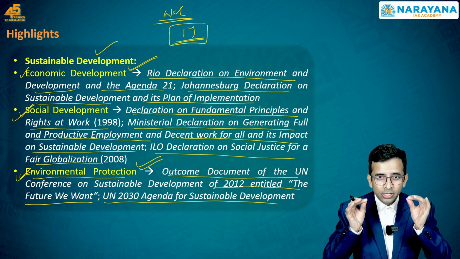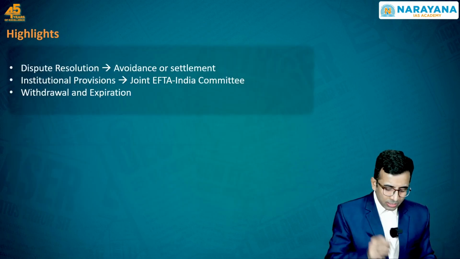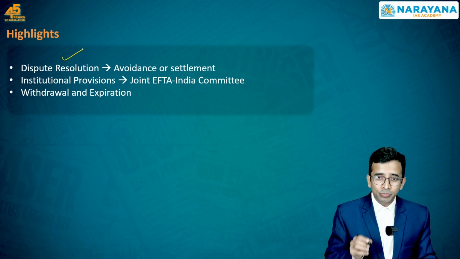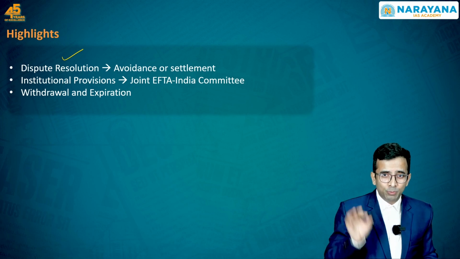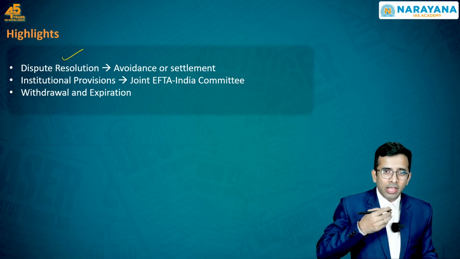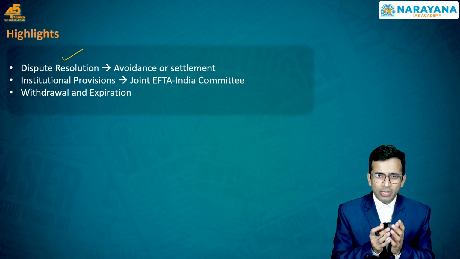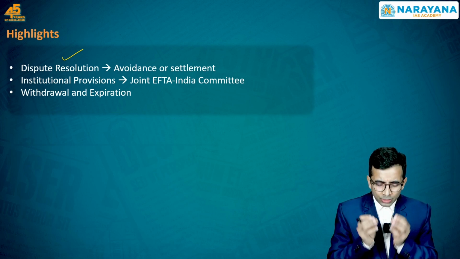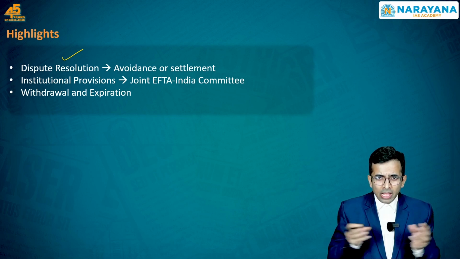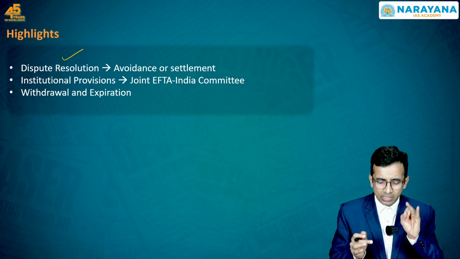Moving ahead, we also have this mechanism of dispute resolution, wherein it says that initially we have to make sure that such disputes are avoided, and even when they arise, they are settled using the joint mechanism that they have set up. As we clearly know, every agreement, including such free trade agreements, caters to two fundamental things.